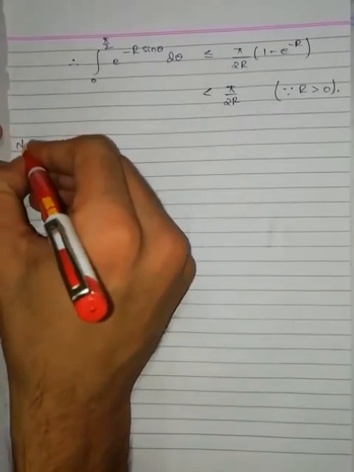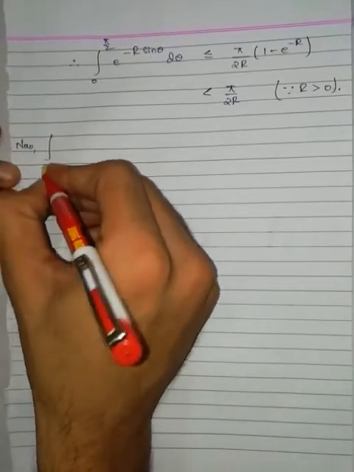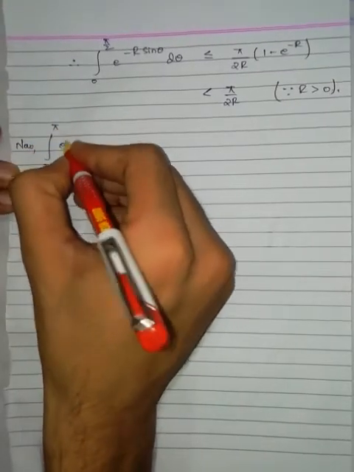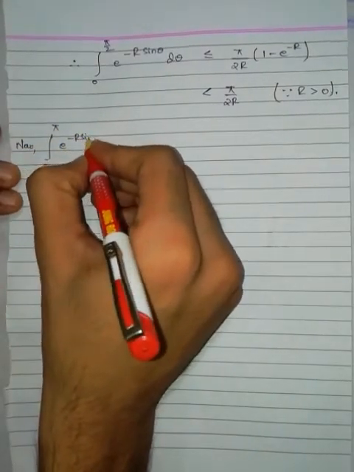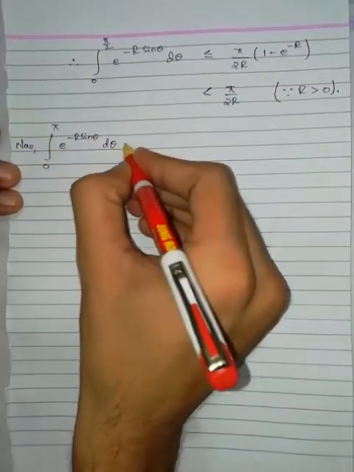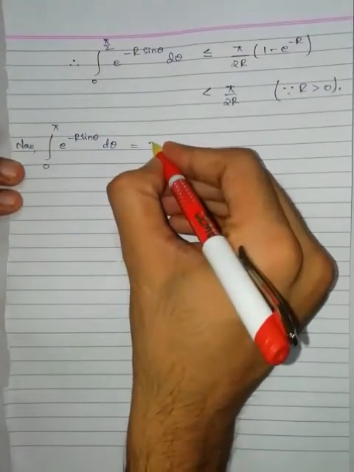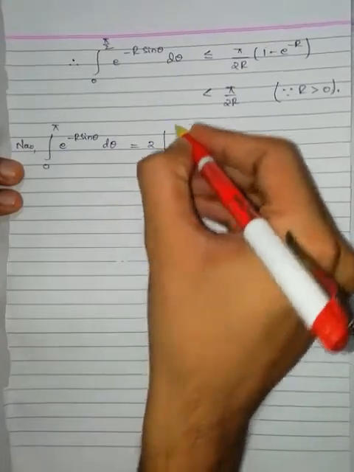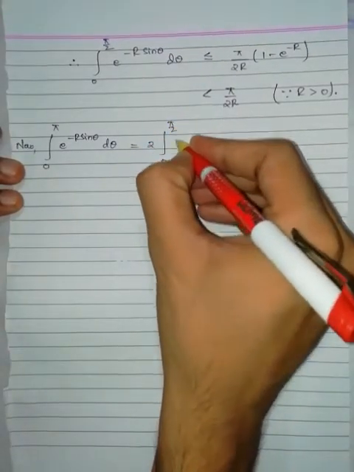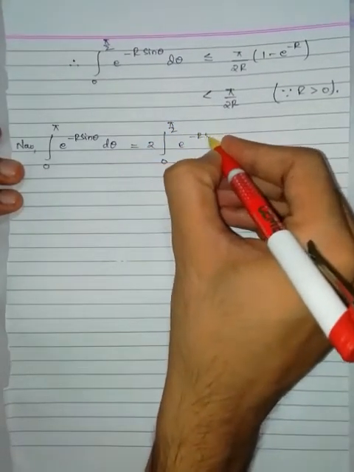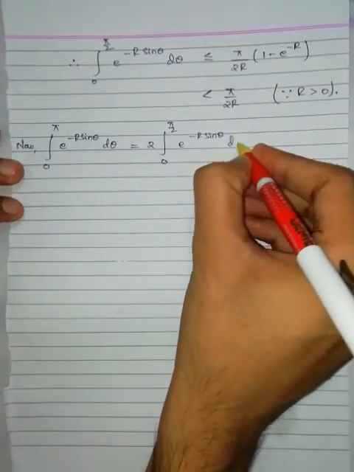Now integration 0 to pi e to the power of minus R sin theta d theta, which is equal to, this one can be written as 2 into integration 0 to pi by 2 e to the power of minus R sin theta d theta.